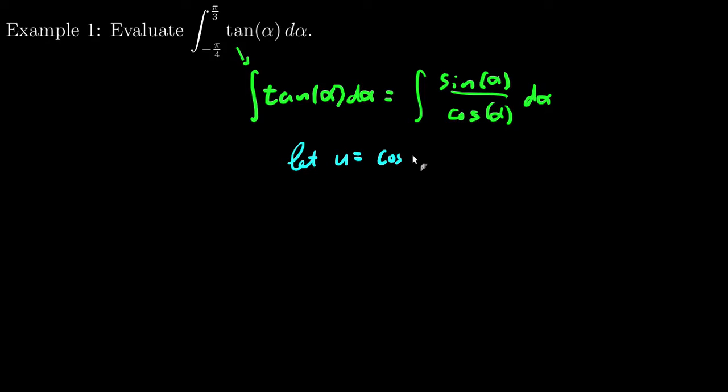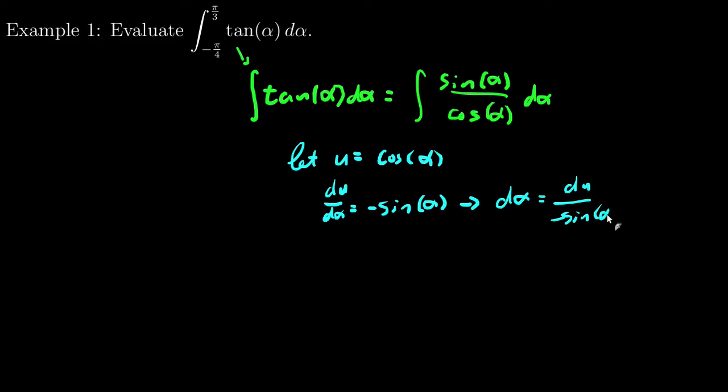Now I'm going to be switching into u's. Let u equal cosine of alpha, this will work because it's multiplied up top by a sine alpha that will eventually cancel. So du d alpha equals negative sine alpha, and when I solve this, d alpha will equal du divided by negative sine alpha.